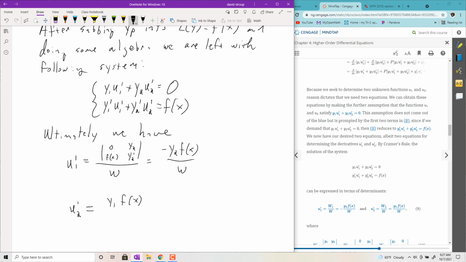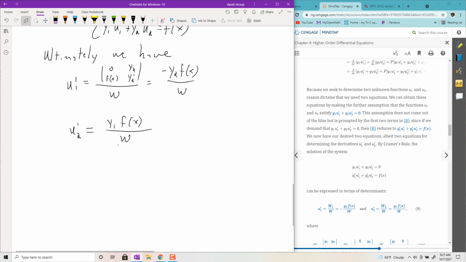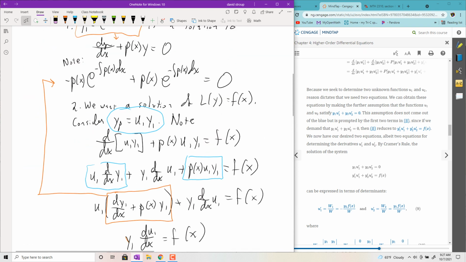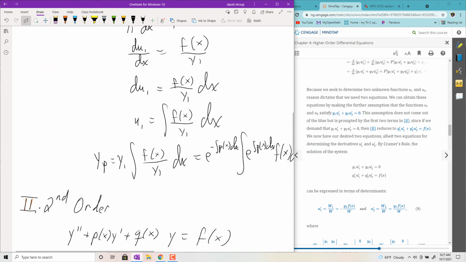So I'll just cut to the chase, all over W. And if you solve those two differential equations, you'll get your u1, u2, and you're kind of done.